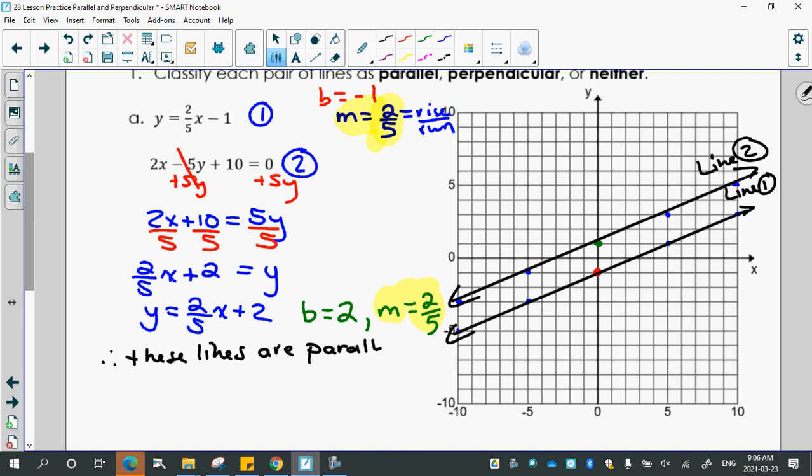And I would add on, especially if I was on an assignment, because they have the same slope. It's an easy sentence to write. They're parallel because they have the same slopes.